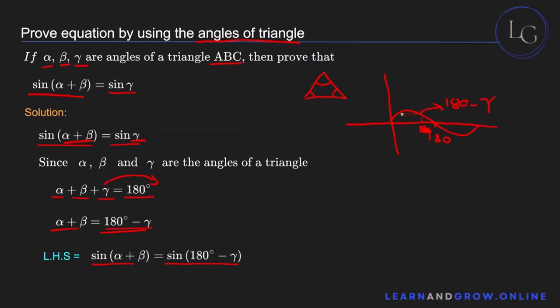And if you just look at this over here, it's basically just equal to 0 plus gamma, right? Because over here, this point is 0 plus gamma. And that gives you the same value, which is why sine 180 minus gamma is equal to sine 0 plus gamma, which means that this entire thing becomes equal to sine gamma.